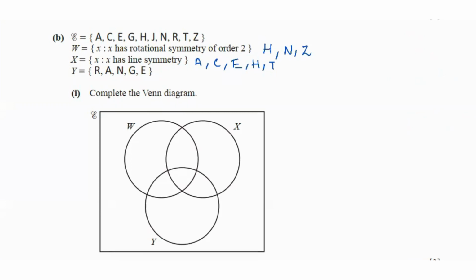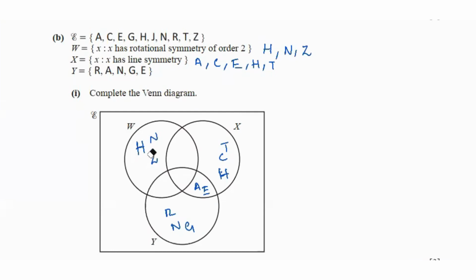Now, if we talk about putting these down over here, W is H, N, and Z. X is A, C, E, H, T. And Y is R, A, N, G, E. So now we know that E is common between X and Y. So E comes over here, and so does A. So I'm just going to write A and E over here and remove these two from here.